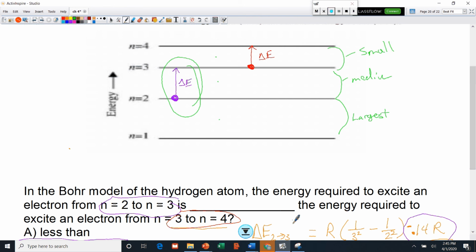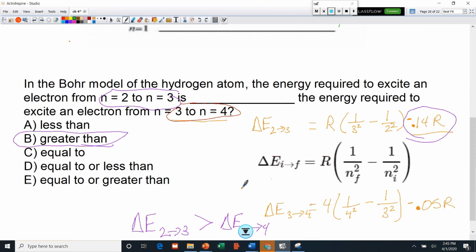Also recognize that we could have compared 1 to 3 versus 2 to 4, and you still have to recognize that 1 to 3 is going to be greater than 2 to 4. That's why I said the Rydberg equation will always work. It does that for you. You don't have to lay the lines next to each other or anything like that.